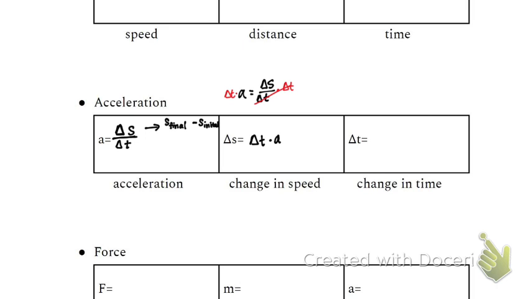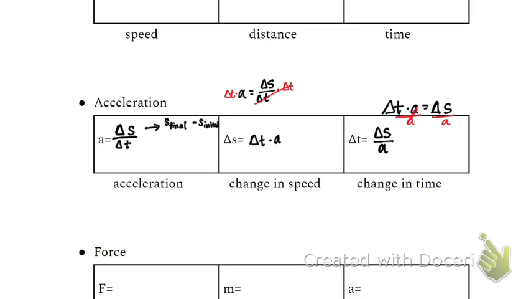And if we want delta T times A equals delta S, if we want to get the T alone, the A needs to move and it's multiplying, so we divide it. So delta T equals your change in speed over your acceleration.